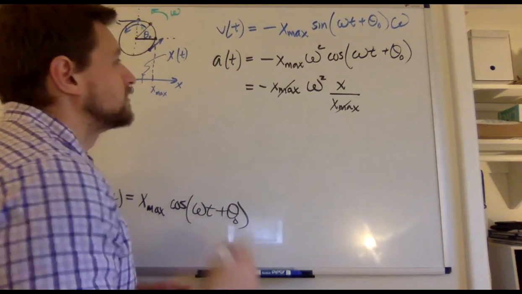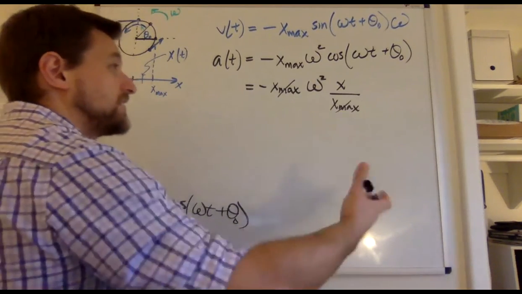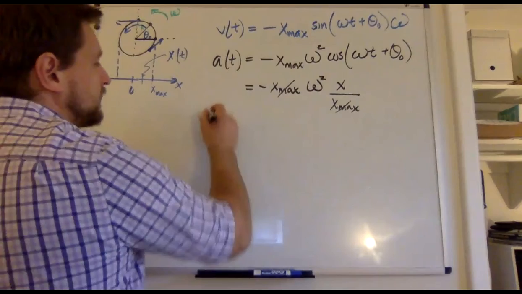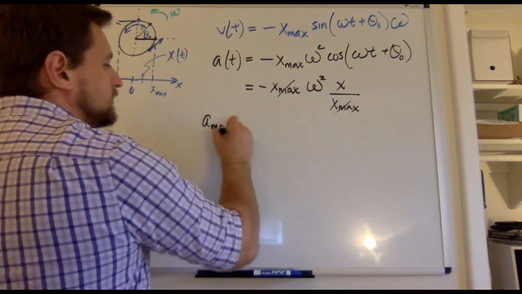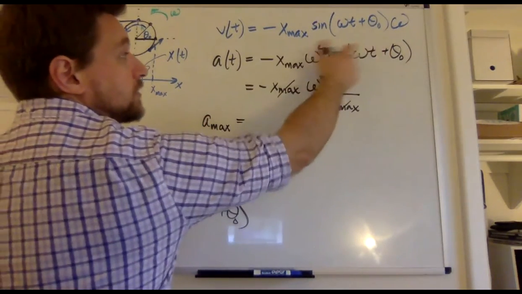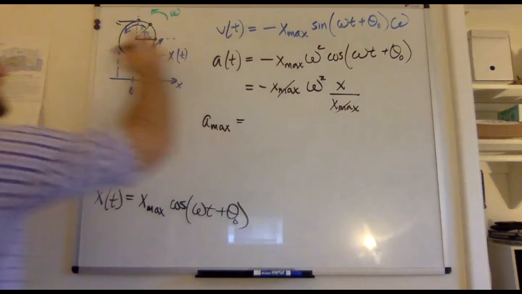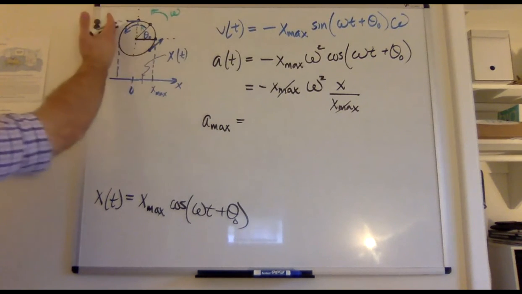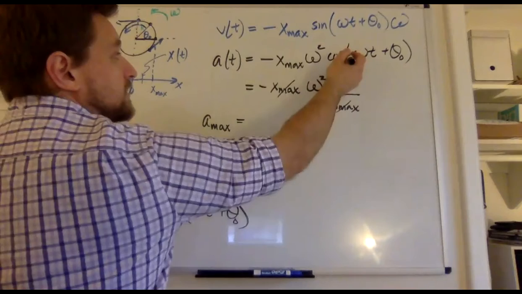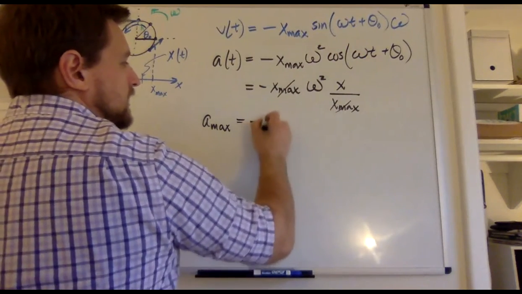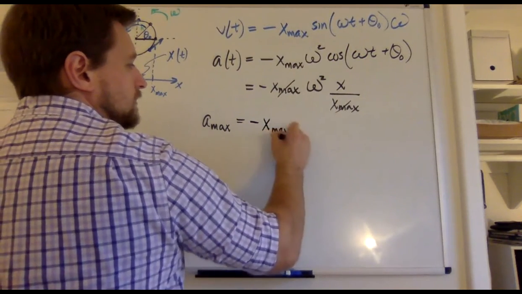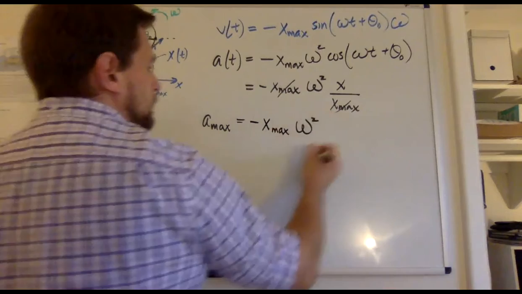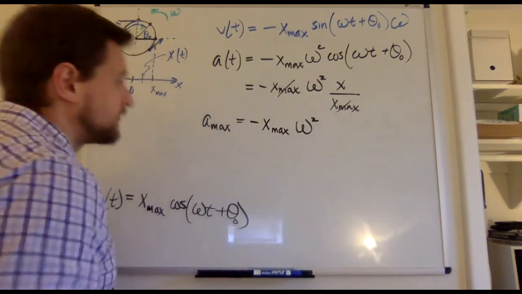We talked about the maximum speed. We could also talk about the maximum acceleration. And it's just the one that happens when cosine is 1. So that's anytime we're on the rightmost side or the leftmost side. If cosine is 1, then we just have negative x max omega squared. So the minus sign is fine.